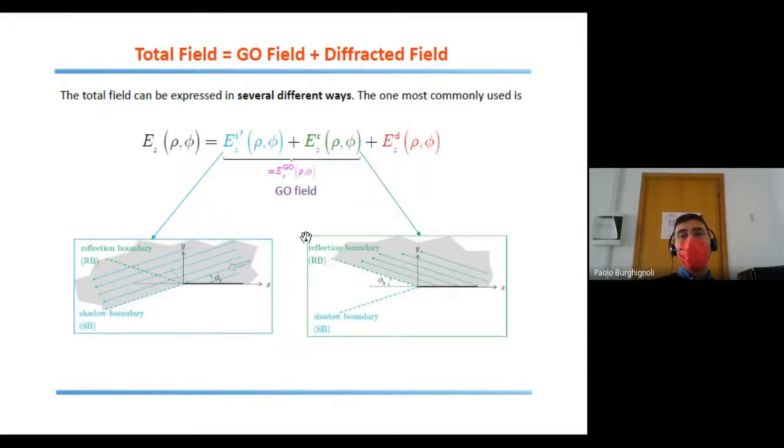Everything can be expressed, for example, as the sum of the field that is present everywhere but in the shadow region. So that's the incident geometrical field, plus the reflected geometrical field, okay, in the appropriate region, so before the reflection boundary. And finally, we have the diffracted wave contribution that is present everywhere.